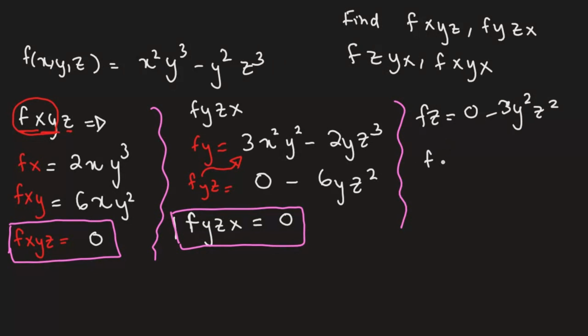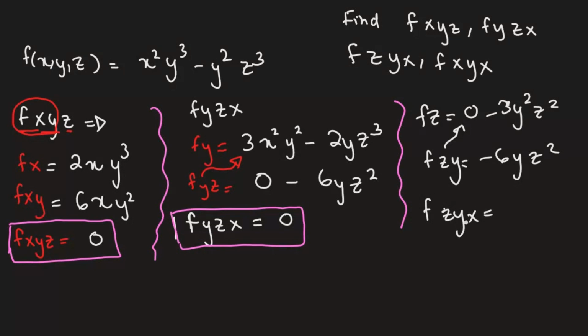Now f of z of y. We are keeping x and z as constant, and differentiating y only. 3 times 2, that's 6, y z squared.